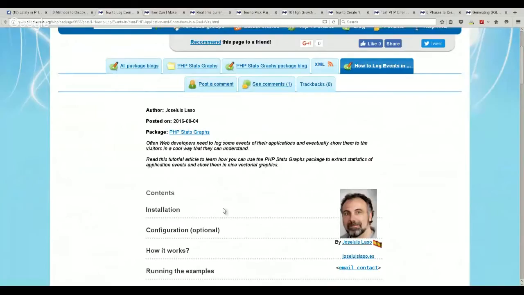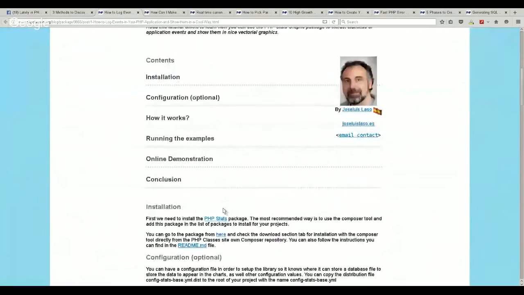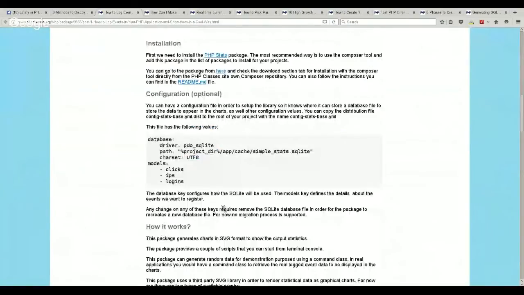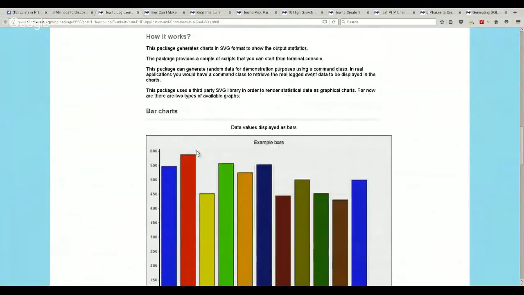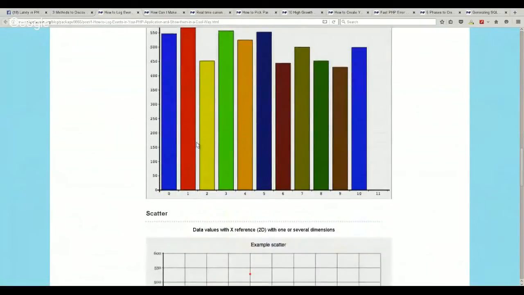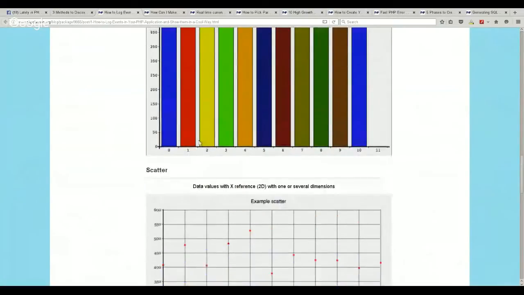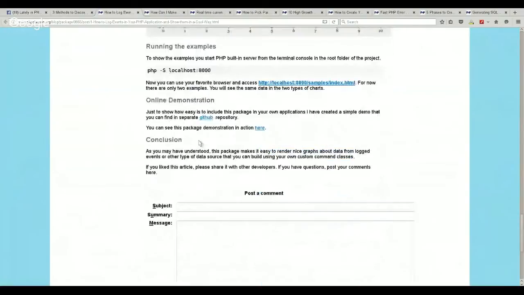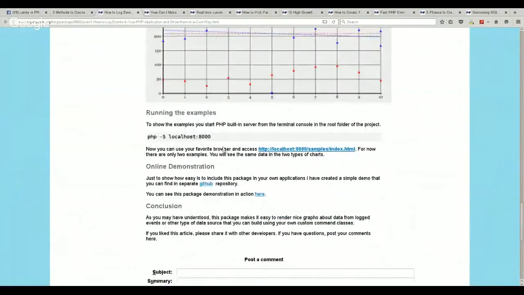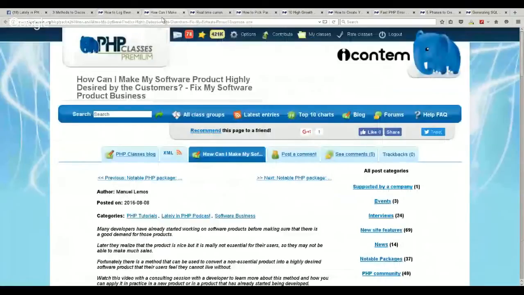It's called PHP status graphs, and basically it is a way to retrieve data from a local database and generate graphs in SVG format. So these are some examples of the graphs that it generates. It would be interesting for you to also take a look if this is something that you are doing in your job or work that you need to do.